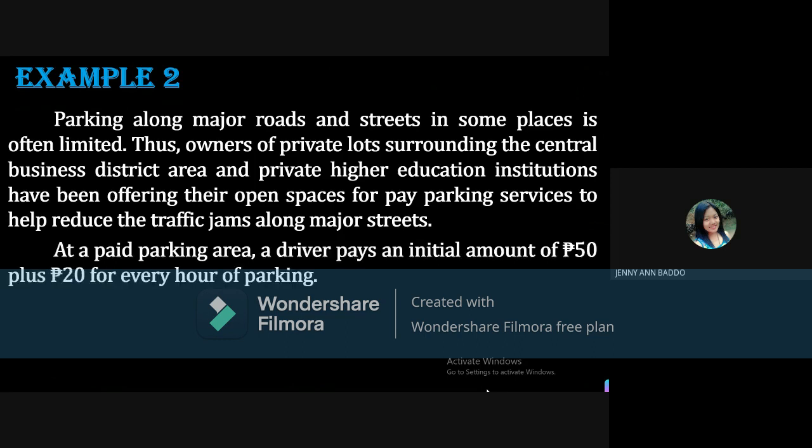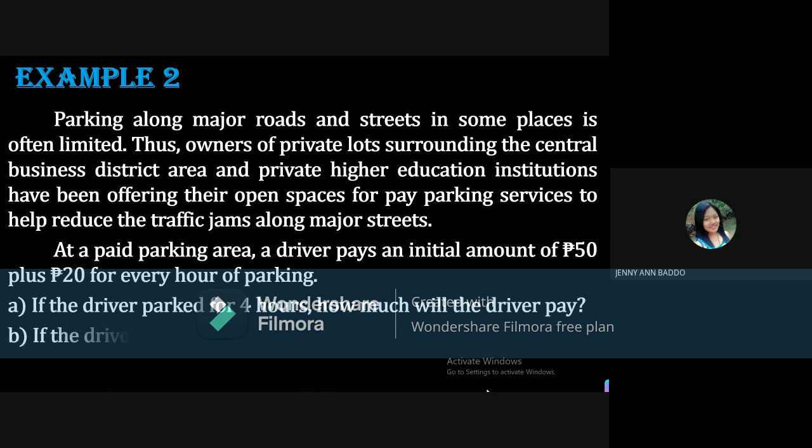At a paid parking area, a driver pays an initial amount of 50 pesos plus an additional 20 pesos for every hour of parking. If the driver parked for 4 hours, how much will the driver pay? If the driver paid 190 pesos, how many hours did the driver park?